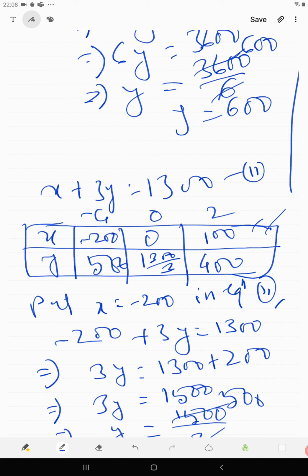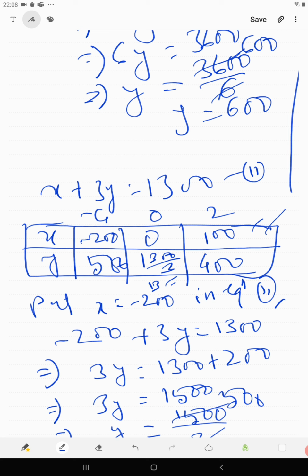Now for the y-axis, let's take 3 small units, the small square as 100 units. So this whole thing will be equal to 13. So 13 small units will give you 1300.